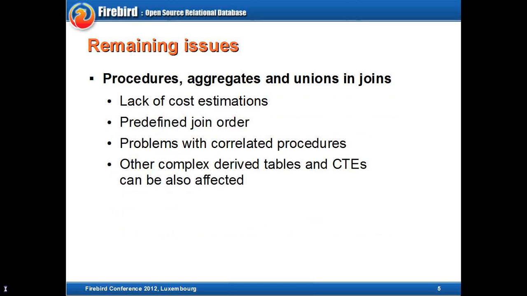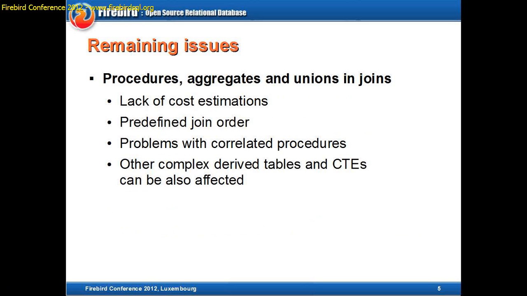This is just about statistics. But, of course, the optimizer itself and the data access algorithms it implements may also sometimes be suboptimal. One of the known problems is using procedures, derived tables, aggregations, unions in joins, especially in complex joins.